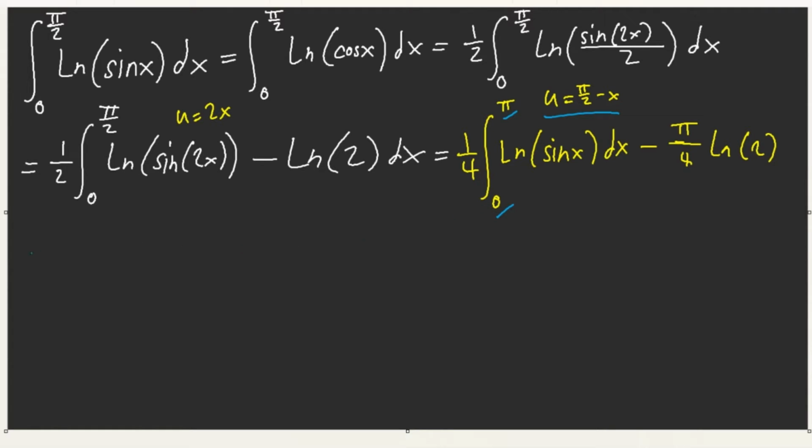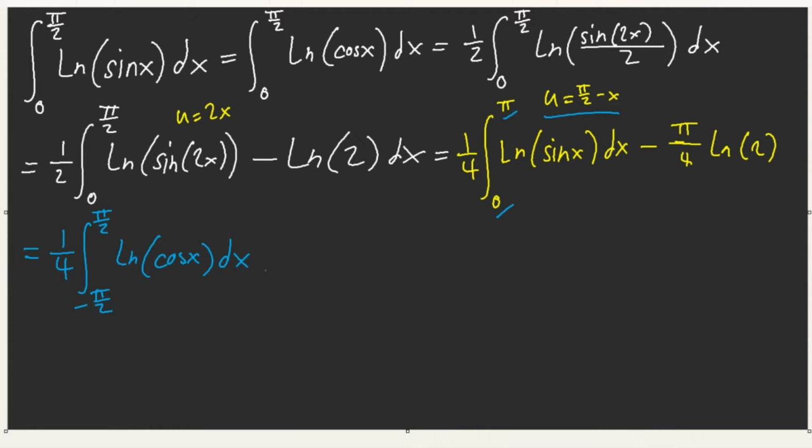So now what I have is 1/4, negative pi over 2 to pi over 2, and then ln of cosine of x dx.